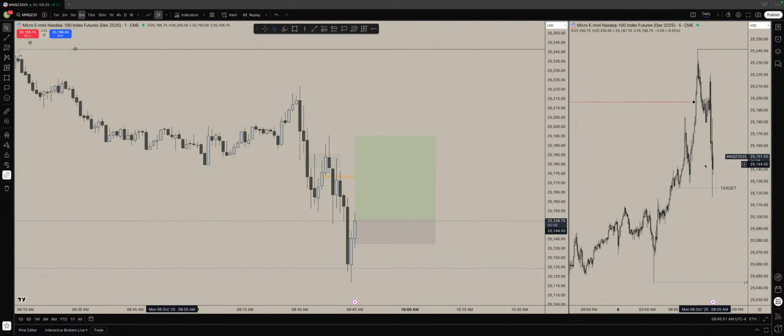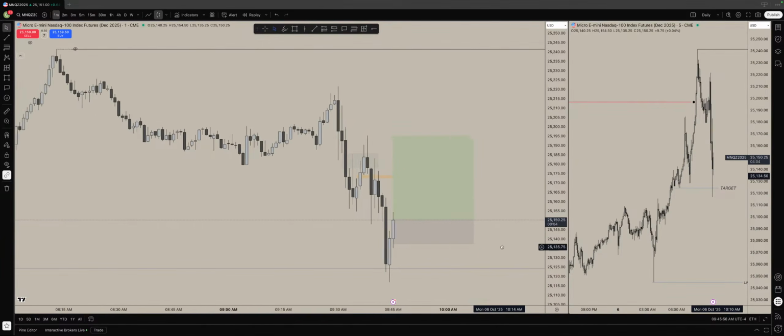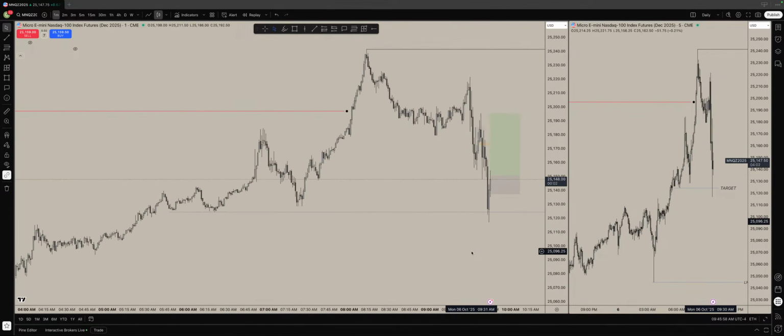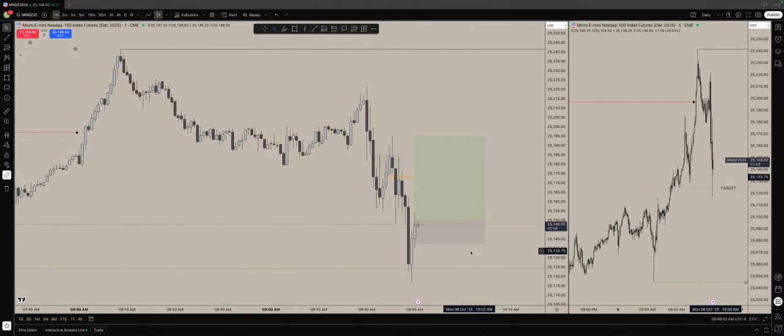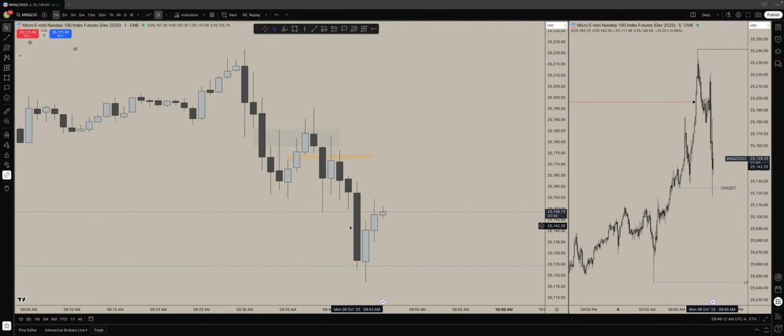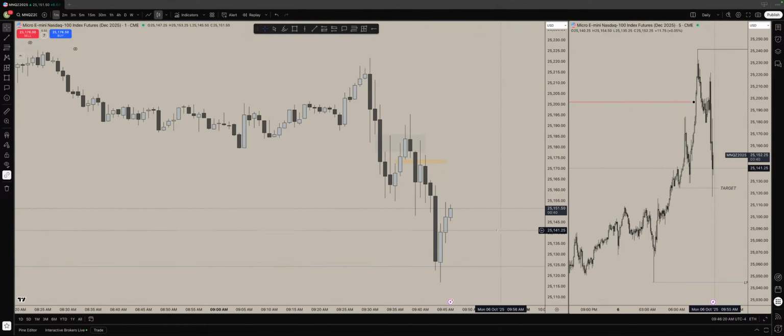So, I mean, we can go long from here. But something about it says that we need to go lower. And it's still technically an FEG, but it's just very tiny.